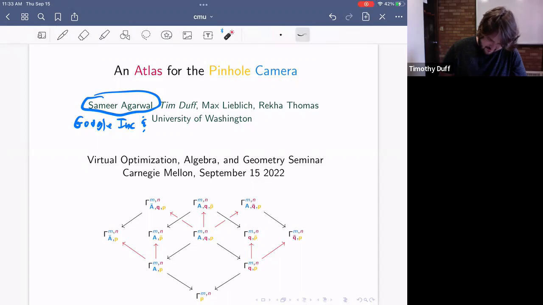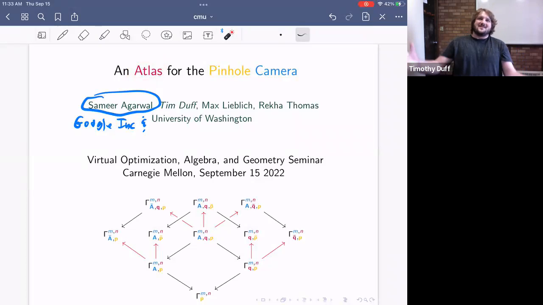And this is basically going to be a mathematics talk, but one which is largely motivated by questions from computer vision. And so the title is called An Atlas for the Pinhole Camera. And we were just talking about what is the meaning of the word atlas here.